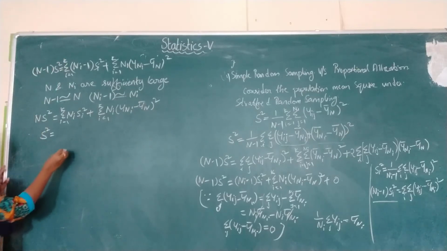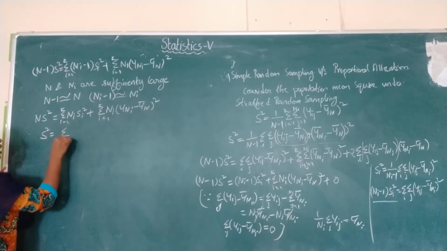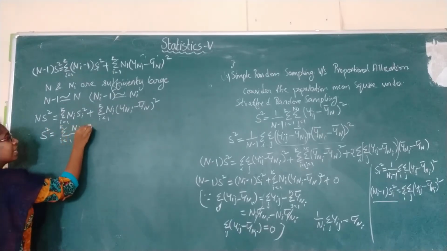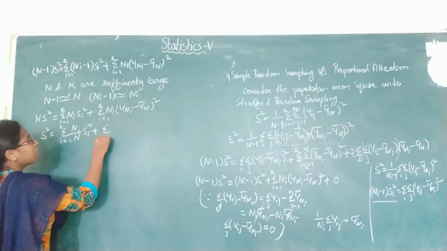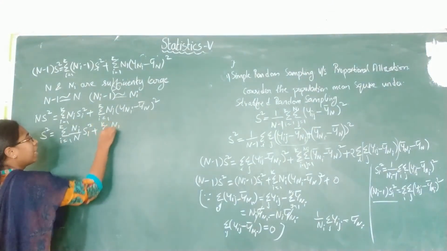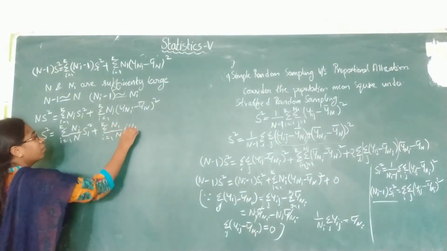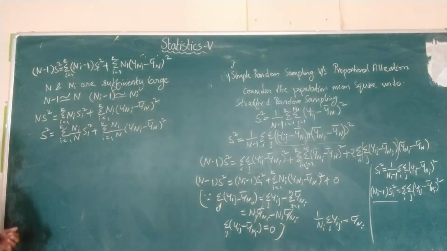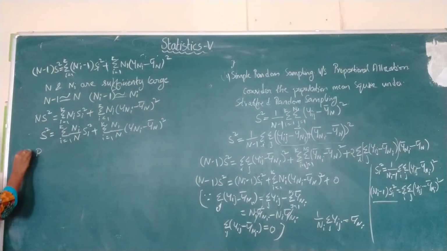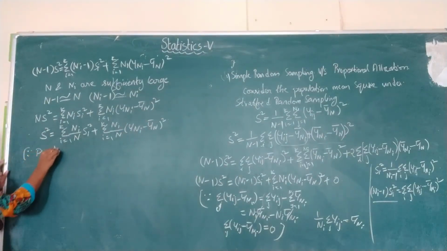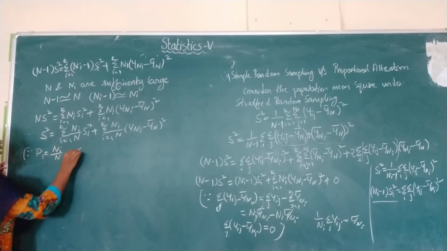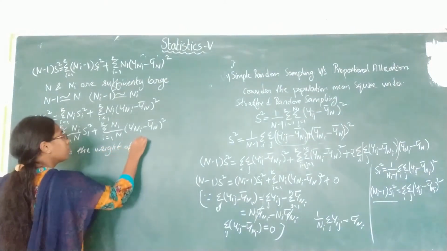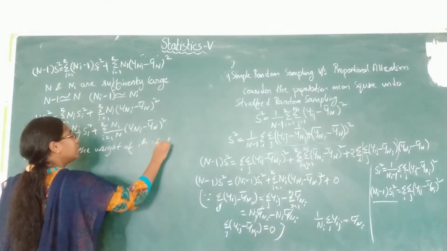Now sending this n to that side, we will get s square equals summation over i equals 1 to k ni by n into si square plus summation over i equals 1 to k ni by n into (yni bar minus yn bar) whole square. Now we know that pi equals ni by n is the weight of the ith stratum.